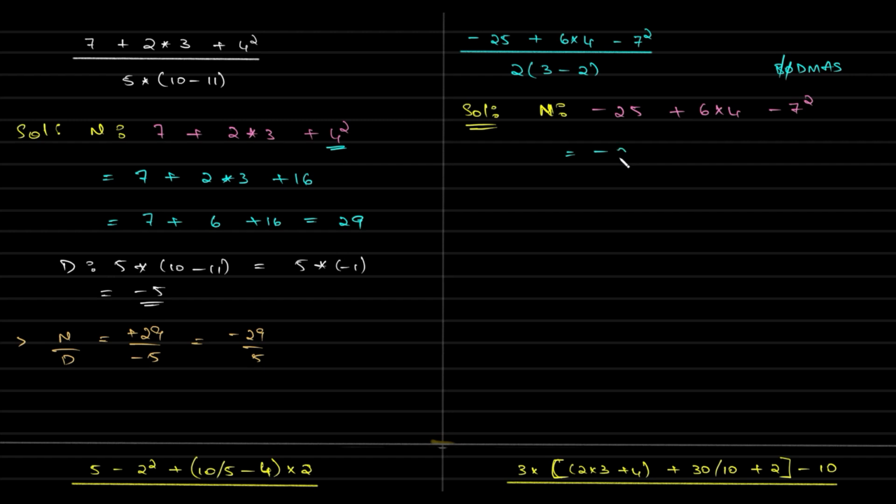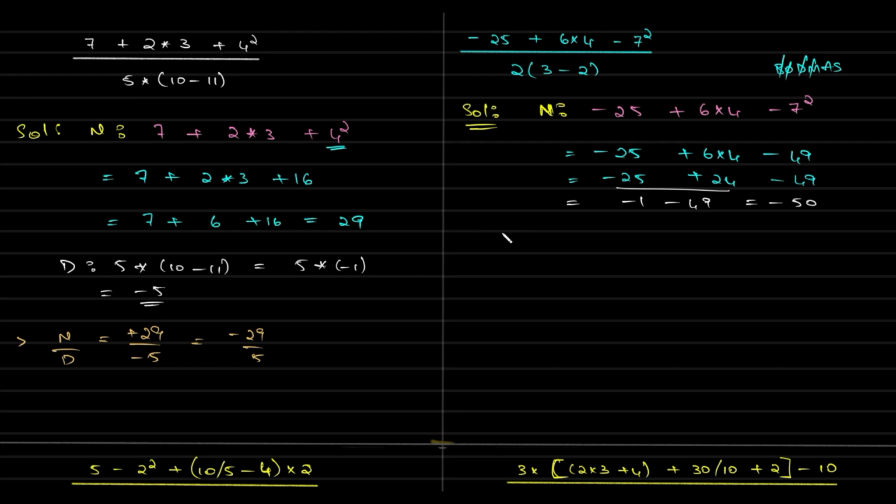So minus 25 plus 6 into 4, 49. We do have multiplication. Minus 25 plus 24 minus 49. Addition, subtraction. I'm going to give the priority to subtraction because it's quite simple. This is minus 1 minus 49, minus 50.